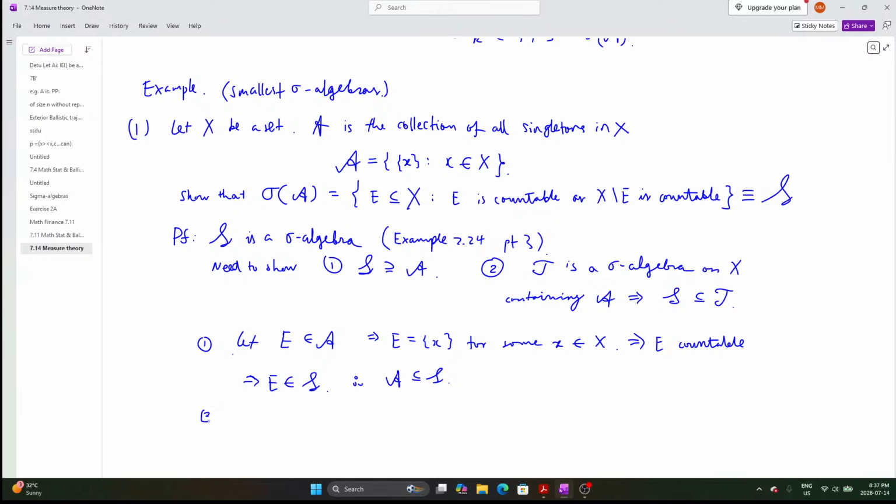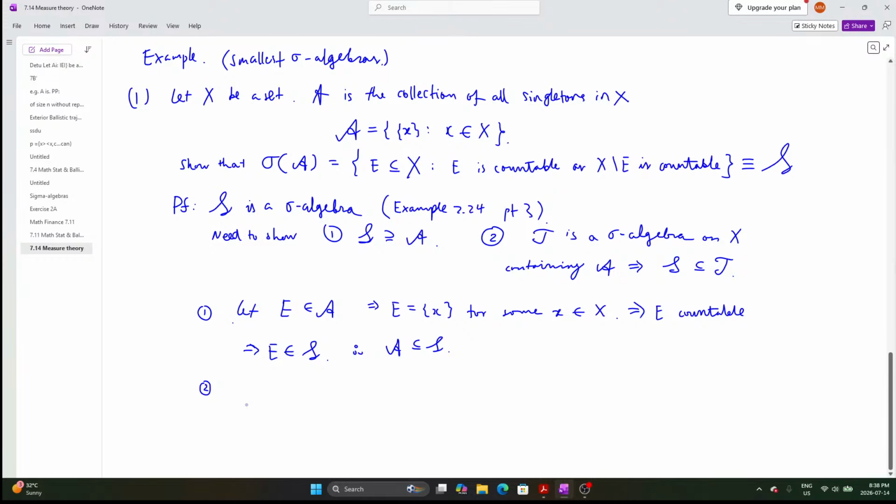Okay. 2. So suppose you have a sigma algebra T on X that contains A. You want to show S is in T. Because this is our hypothesis.